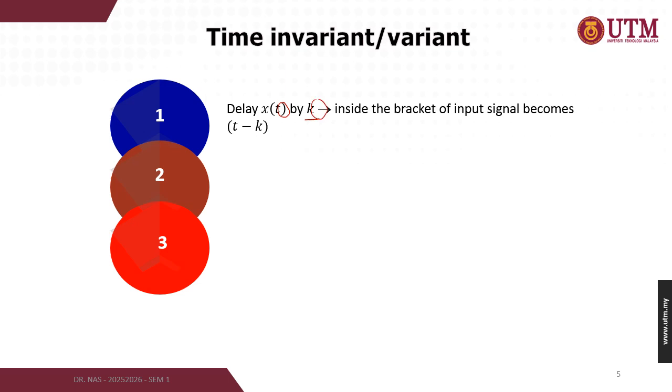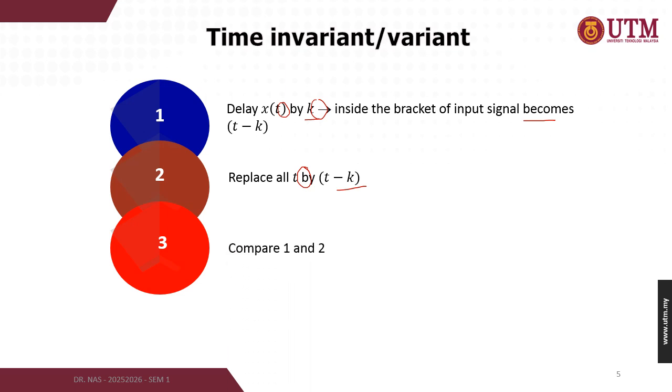So the equation becomes t minus k. The second step, you need to replace all t, inside and outside the bracket, by t minus k, or n minus k if the system is a discrete time system.